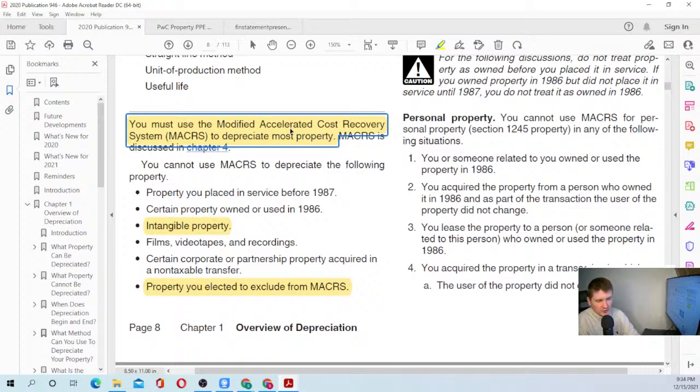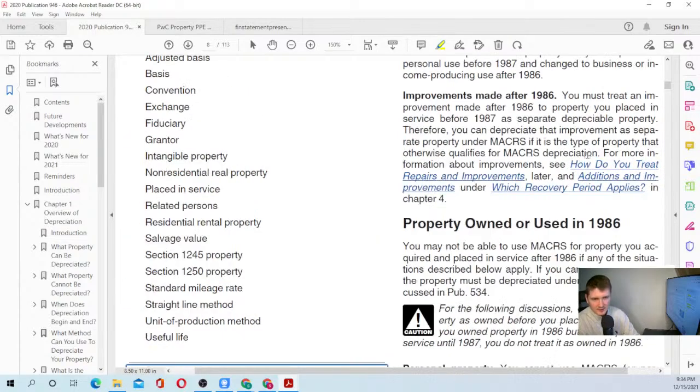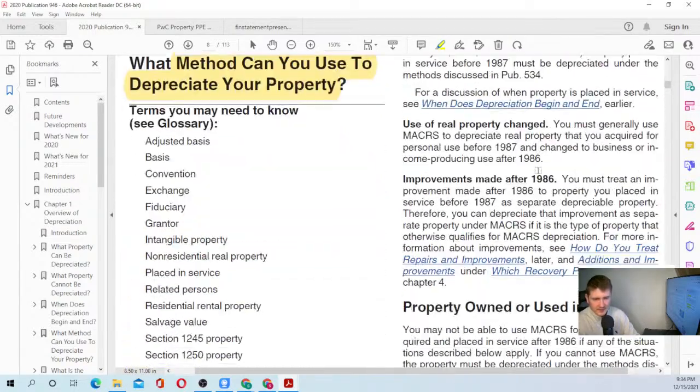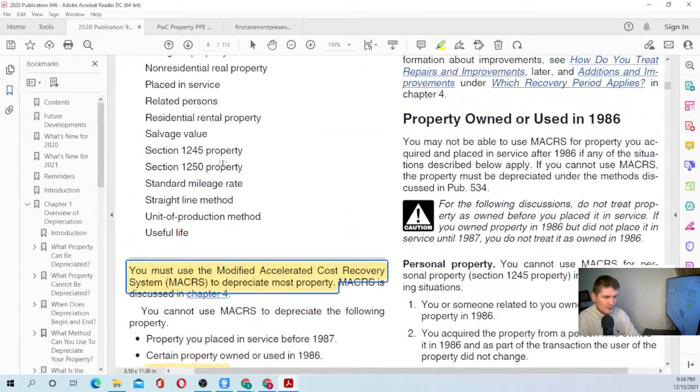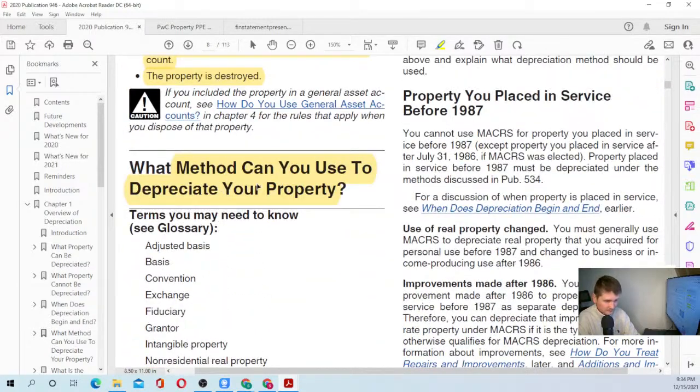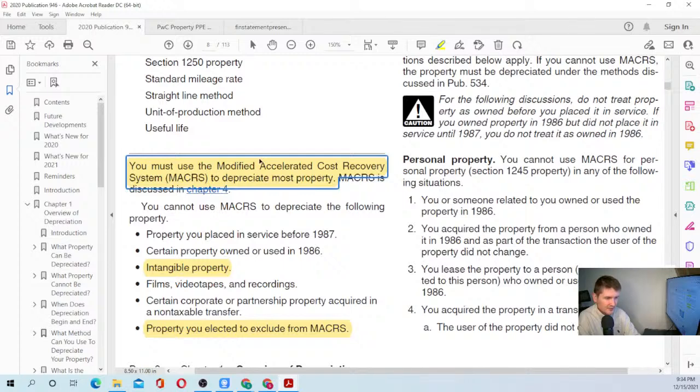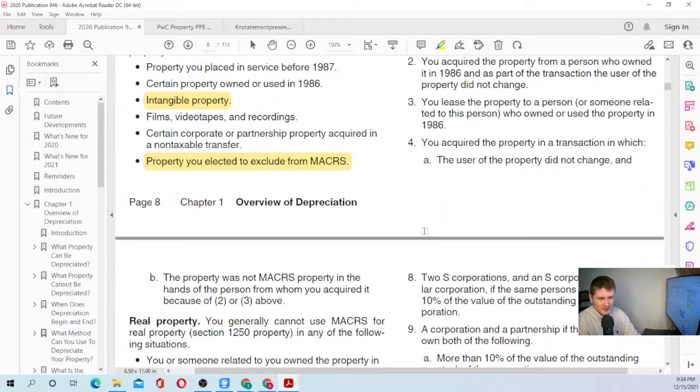We will not look much into the details of the Modified Accelerated Cost Recovery System today because it requires a good investment of time. We might do that in one of the next lessons. So I will skip. The only thing we need to remember is that there is a special depreciation system for that, and it's also in that document.